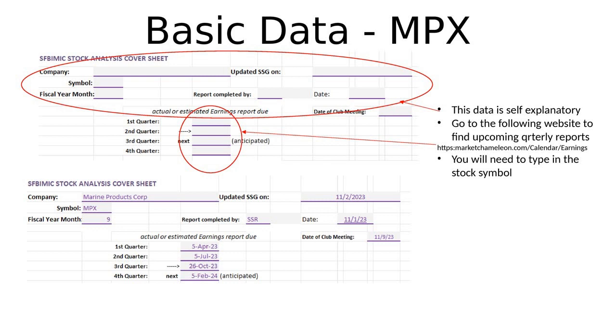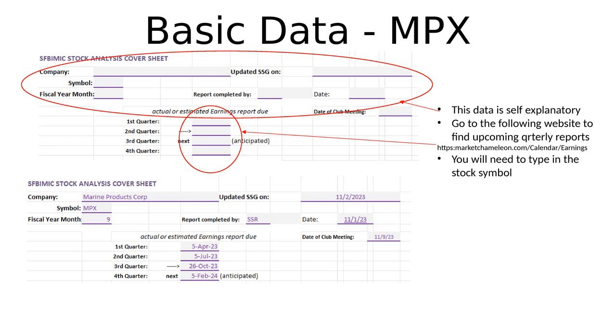So the company name, its ticker symbol, what year or what month of the reporting period this is, the ninth month, which would be the third quarter for this company. Who's doing it? That's me, SSR. Updated the SSG on the date, the current date, and if you have a club meeting that you're going to report to, the date of the club meeting. Okay, pretty standard.